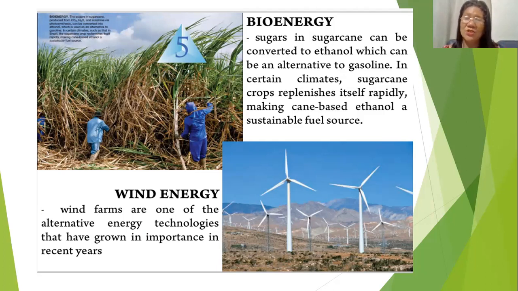This bioenergy is coming from a plant source, and this will be converted into biomass. One example of this is the byproduct when you squeeze sugar cane in the sugar-making industry. The main product of squeezing the sugar cane is molasses.